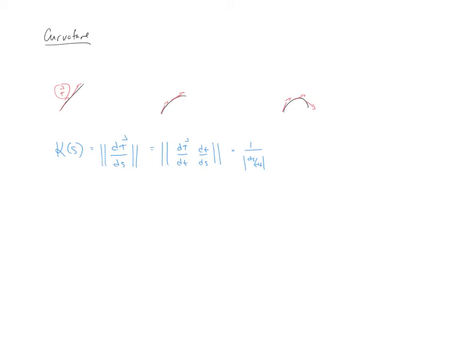Remember there's a difference between the double bars being magnitude and the single bars being absolute value. Curvature is always going to be defined as positive, so the absolute value bars are there. What I've done, as I pointed out, is essentially pulled this guy outside and flipped it so that it's underneath here. And then still next to it, we're going to have this magnitude of dT/dt. Okay, again, so that's going to be this guy right here.